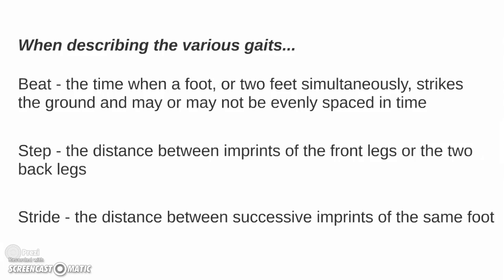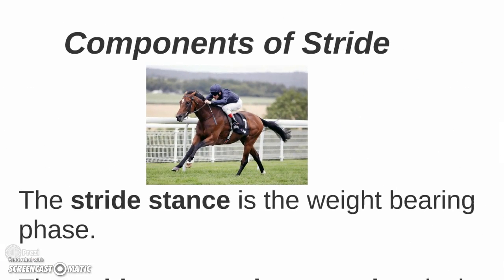A step is the distance between imprints of the front legs or the two back legs. A stride is the distance between successive imprints of the same foot. The stride stance is the weight-bearing phase.